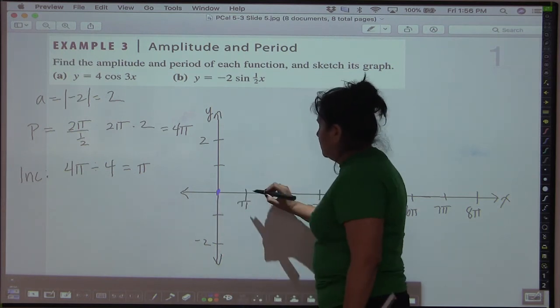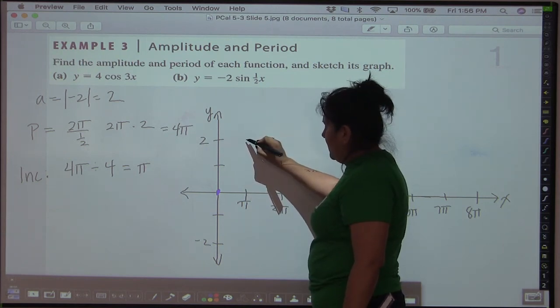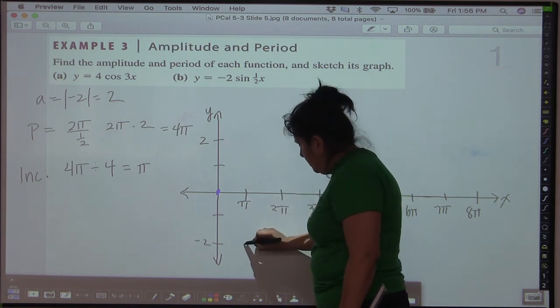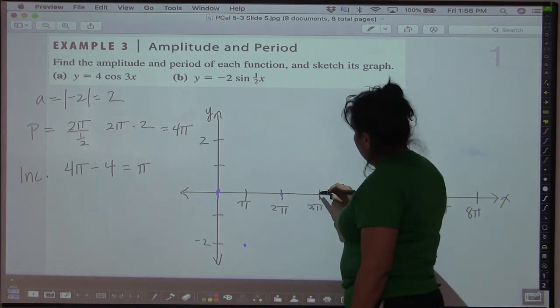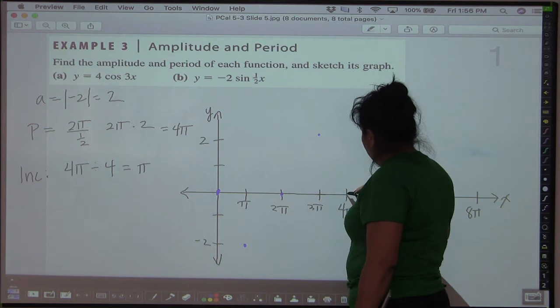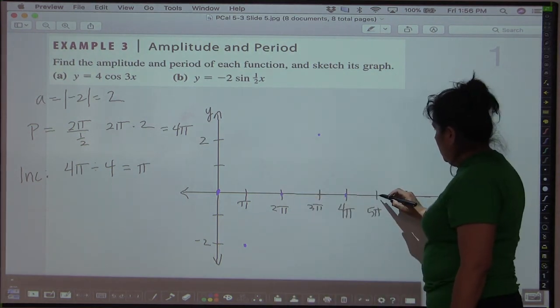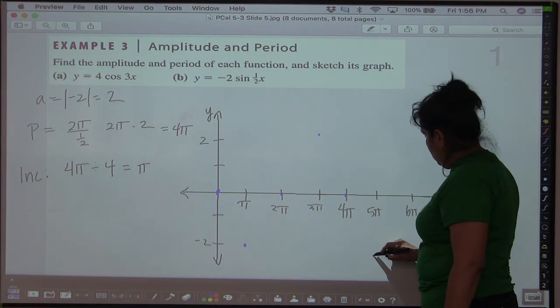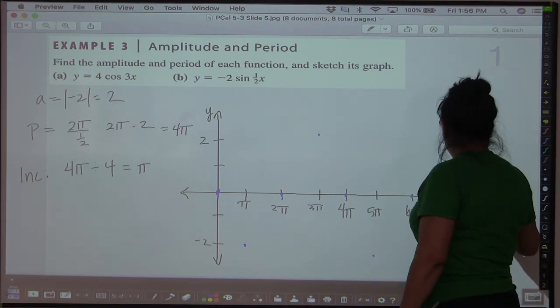But normally with the sine curve, you would go up to the max. But this time, because it's negative, you're going to go down to the min. And then back to 0. And then to your max. And then back to 0. And that's one cycle. And then you're going to go back to your min here: 0, max, and 0.